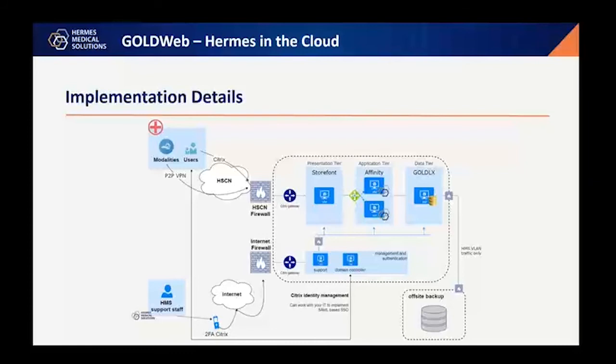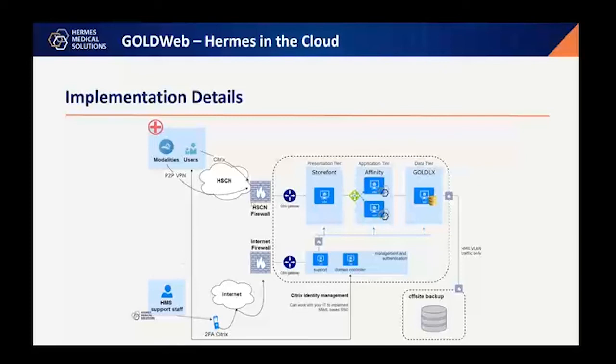Users coming in via Citrix over HSCN, and the modality sending data on a VPN over HSCN. Hermes support staff, like I said, we can access this platform via internet as well as HSCN, and we come over the internet to provide maintenance and support of the service. And we do that in a two-factor authenticated way with mobile phone authenticated tokens as well as user passwords.